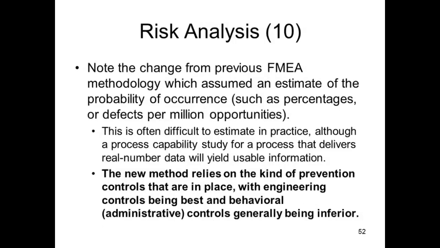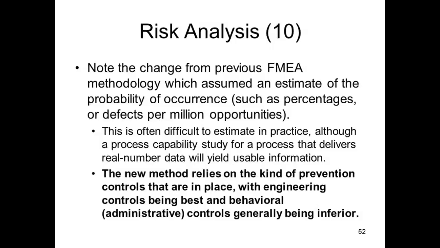Now, this is a change I think everybody will like, because instead of having to estimate the probability of occurrence, such as percentages or defects per million opportunities, which was the case in some of the previous manuals, this simply wasn't practical, and when people had to do FMEAs, they sort of had to guess, like, how often does this happen?